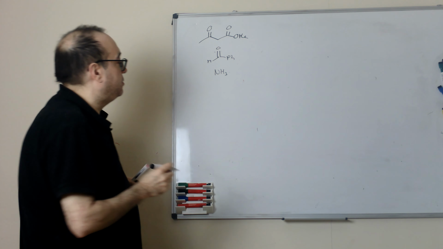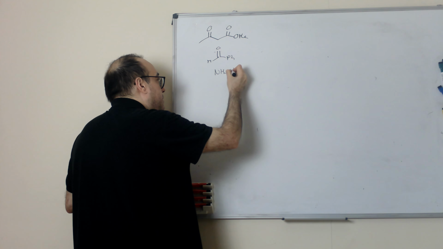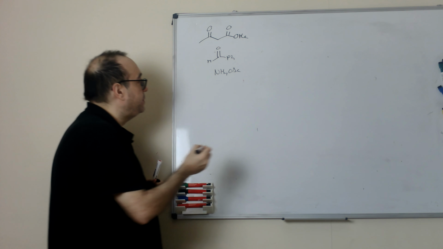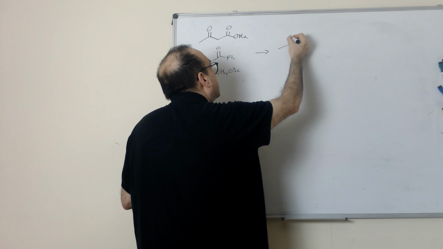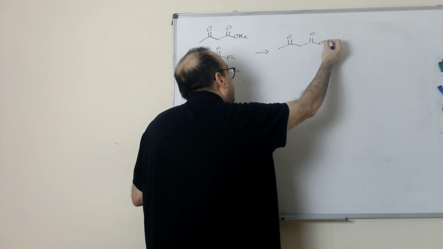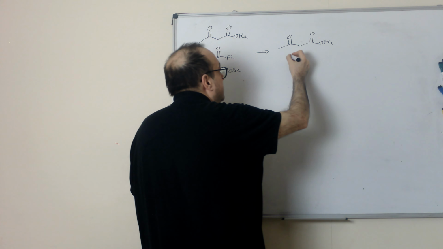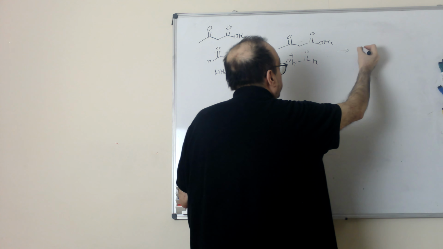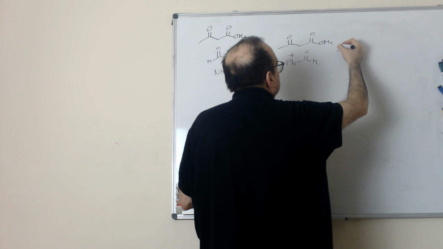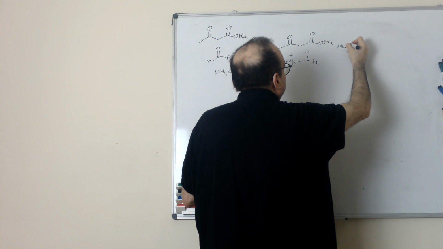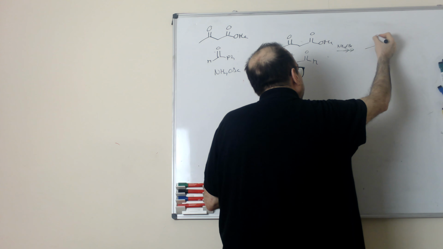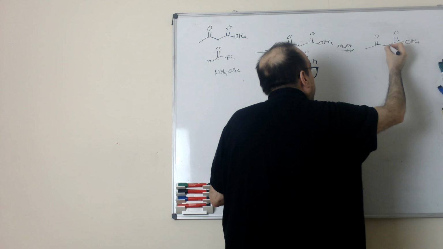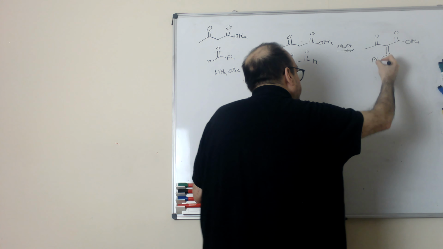Basically we mix these three things together, but what we do is we put ammonium acetate, because we need acid media, and the first step is the formation of the Knoevenagel adduct.